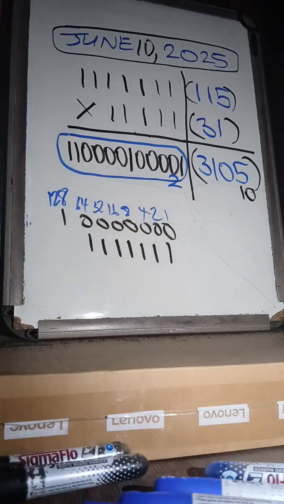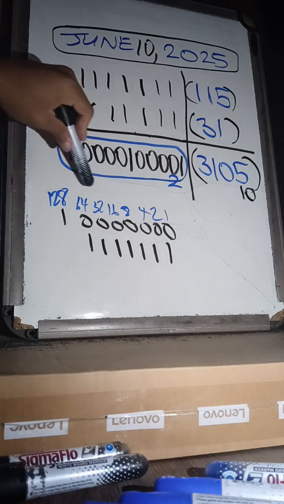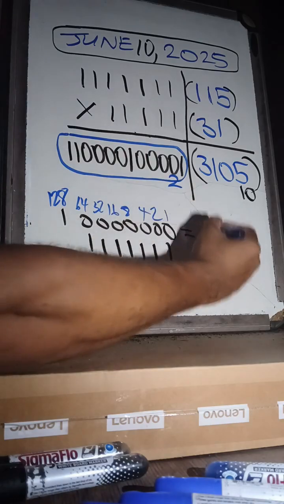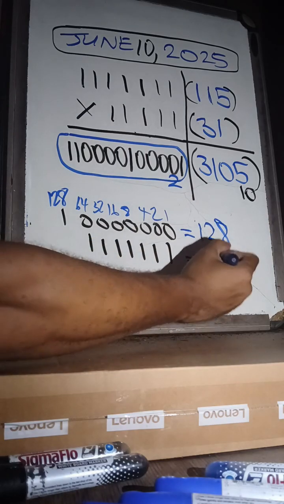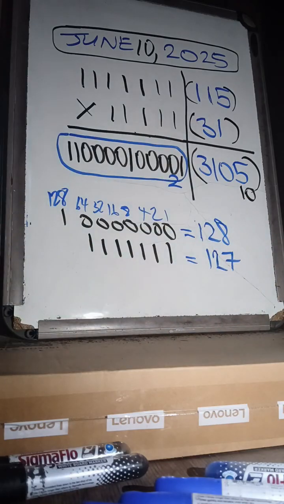So let me make sure. 1, 2, 4, 8, 16, 32, 64, 128. Therefore, this must be 127. Right? So if this is 128, that is 127.